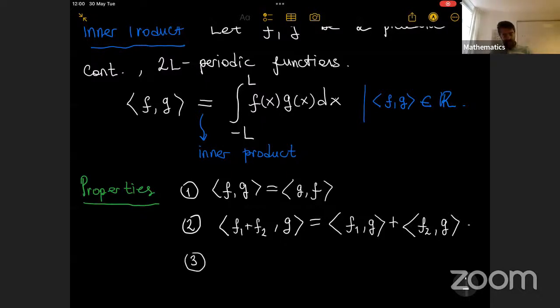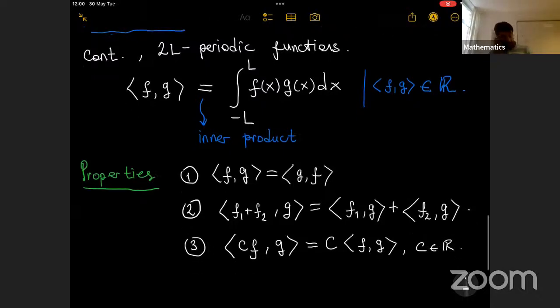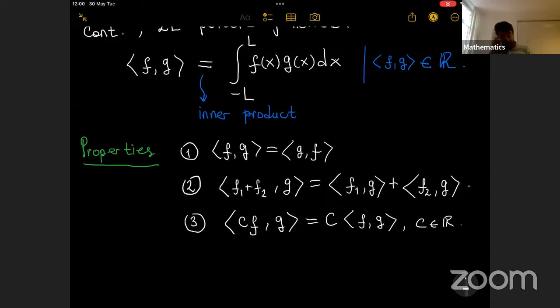And the last one, when you multiply a function by a constant, c is a constant here, and take the inner product with g, this is nothing but c times f inner product with g. Here, c is a constant, it's a real number, okay? So these properties are trivial ones and they are important for computations.